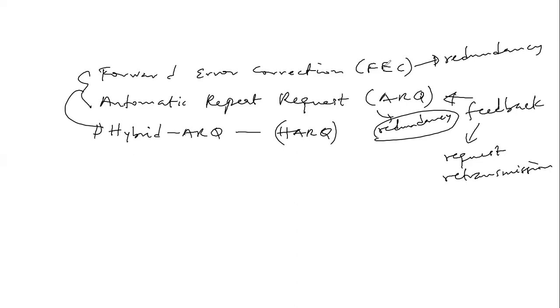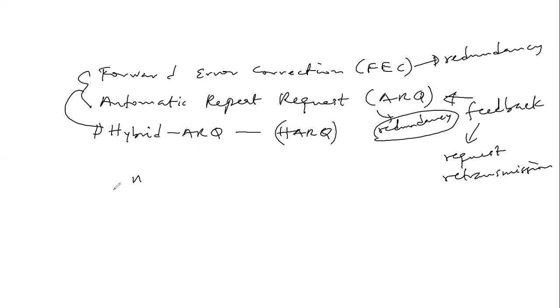Now, if that is clear, then we'll just move on to look at some other interesting details. So I really don't want to go through what we have in the other videos, but you could look them up. So we already know what a code word is. That it is the encoded block of n bits.